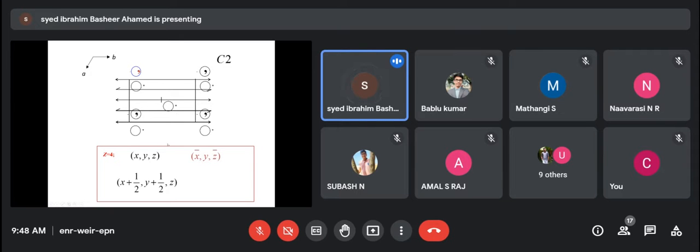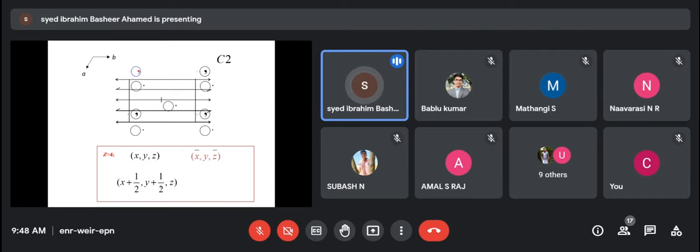The coordinate for this is x plus half, y plus half, z. Here it is x, y, z, which is the origin. But here you are translating: the C-centering is translated half a unit in the x-axis and half a unit in the y-axis.